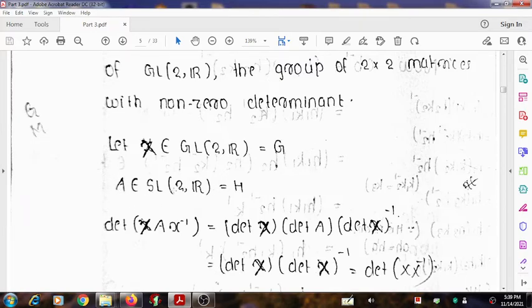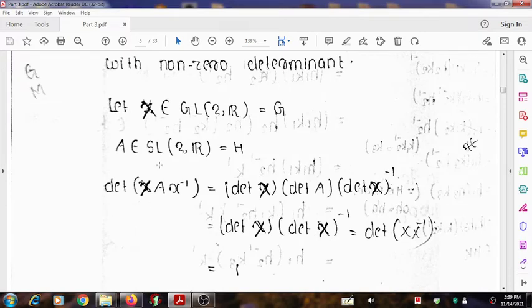The determinant of A equals 1, but the determinant of X is not always equal to 1, though it is not equal to 0. That's important.